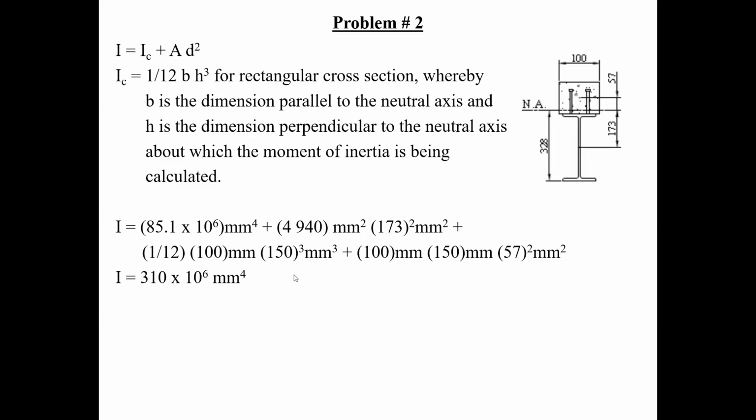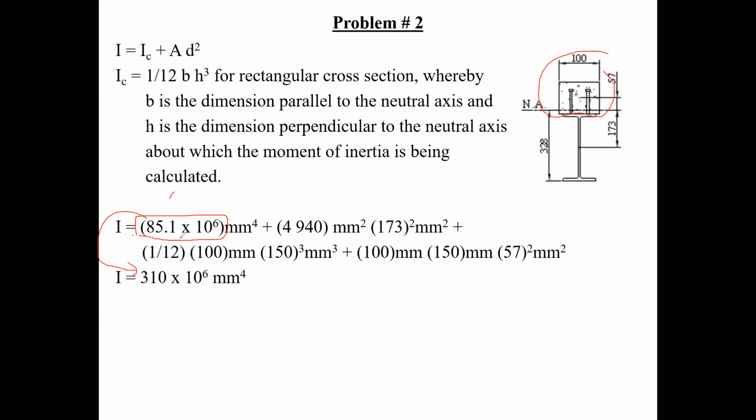And what I want you to appreciate is that this was the initial moment of inertia of the steel, right? Because you happen to make the concrete work compositely with the steel, you're able to bring that value from there all the way up to there, which gives you a much stiffer beam, and therefore it would be able to deflect less, it would be able to carry more loads, and so on and so on.